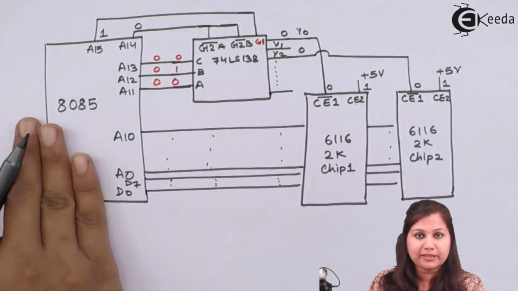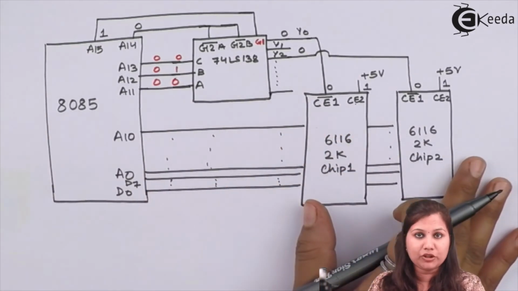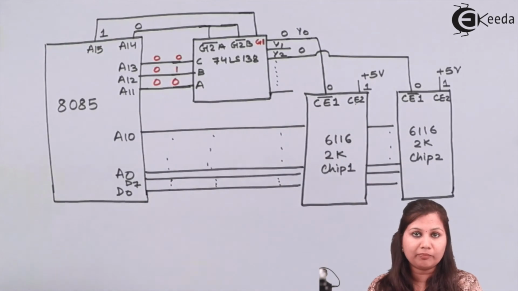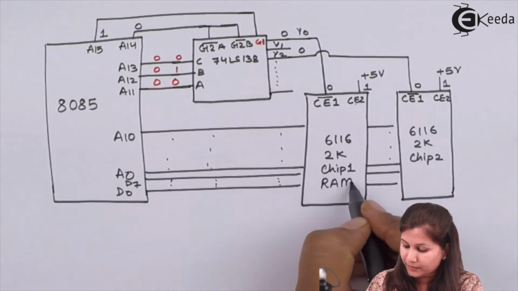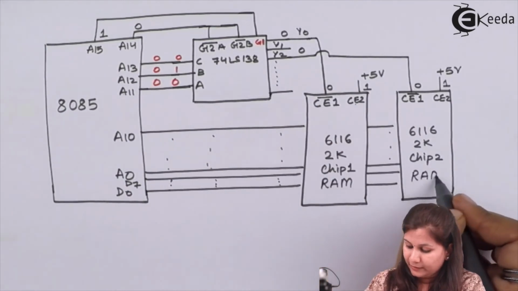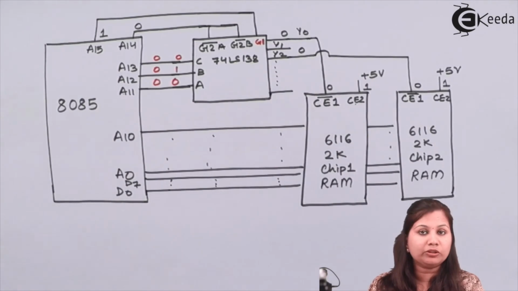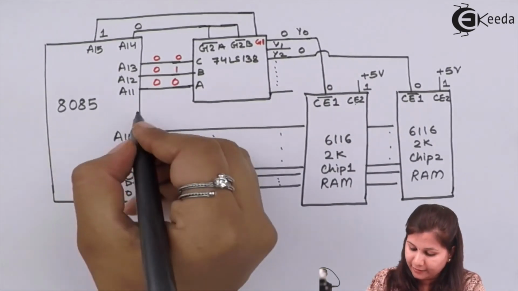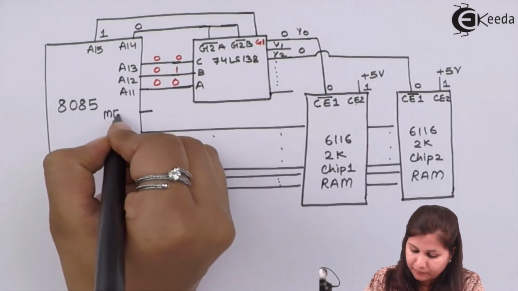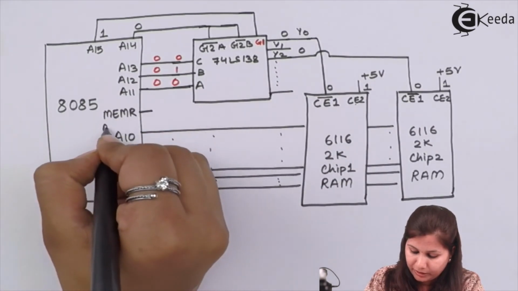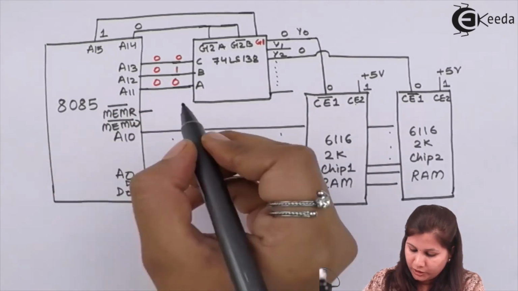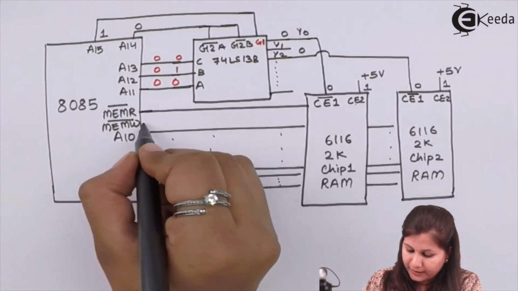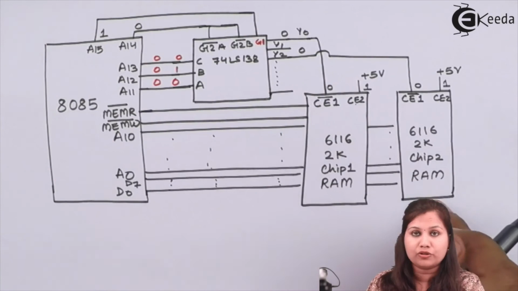Now when the microprocessor communicates with the memory chips, it can read data from them and it can also write data into them, because these memory chips are RAM chips. So for a RAM chip, we have both the read signal and the write signal. Here we will have MEM R and MEM W. Both are active low and they will be connected to the signals of these chips.